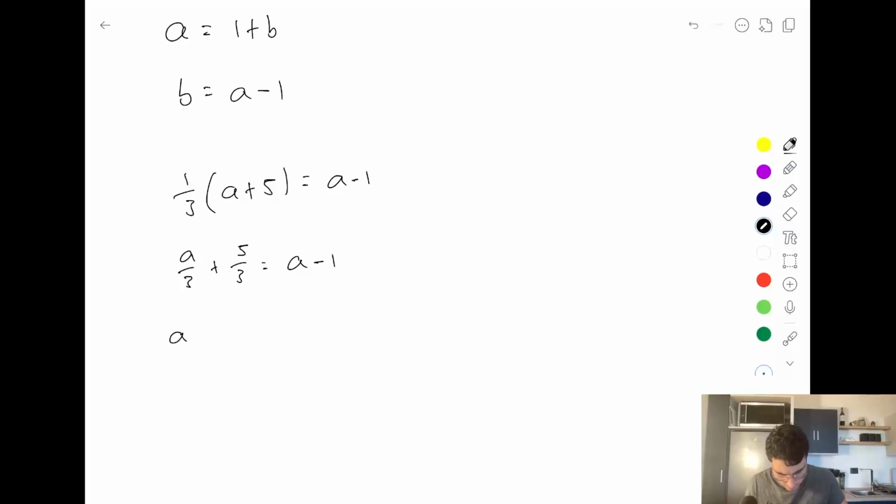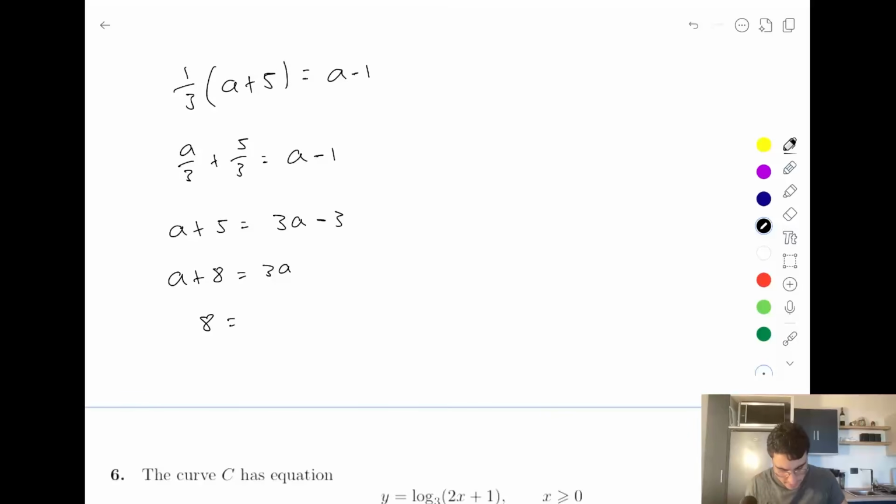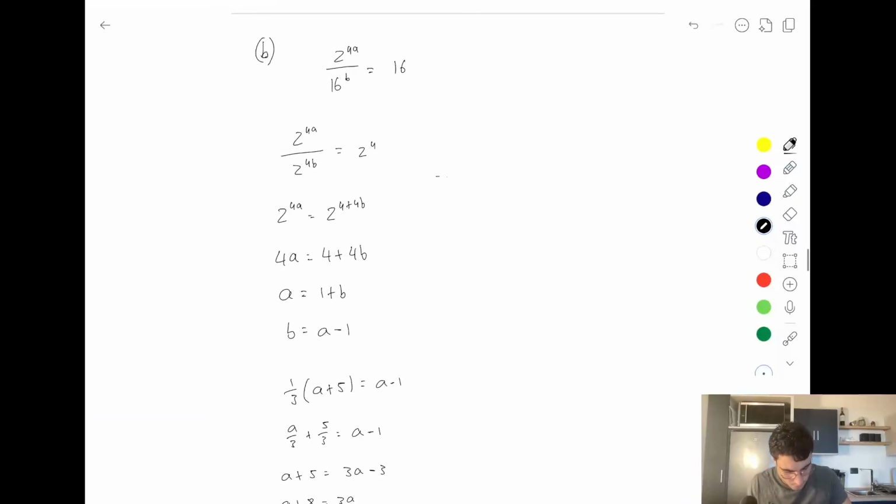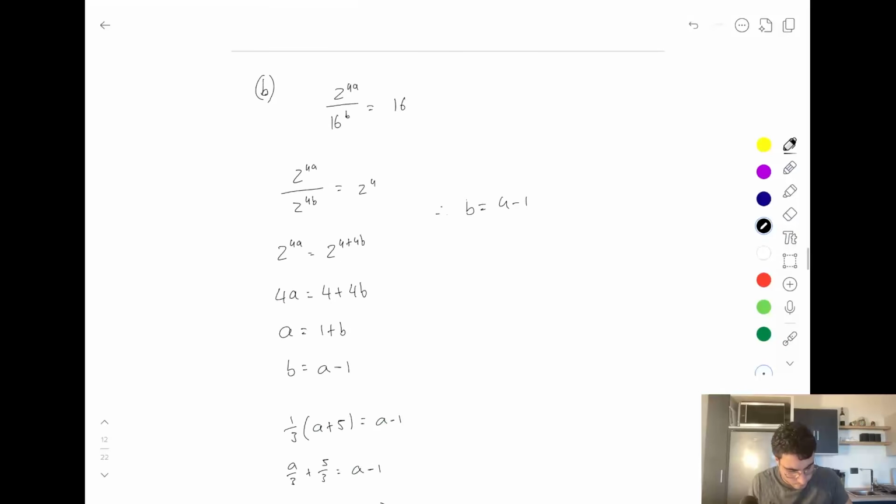Okay. A plus 5, 3a minus 3. A plus 8 is equal to 3a. 8 is equal to 2a. So therefore a is going to equal 4. Okay. So if a is equal to 4, guys, what's b going to equal? 4 minus 1, which equals 3.